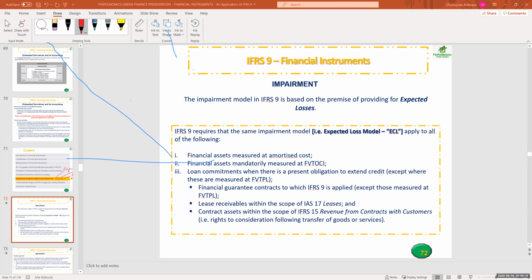Okay, because measuring financial assets at fair value through profit or loss has already captured the impairment. If you have measured the financial asset through profit or loss, the asset has already been impaired since you are using the market price as at the reporting date. Okay.